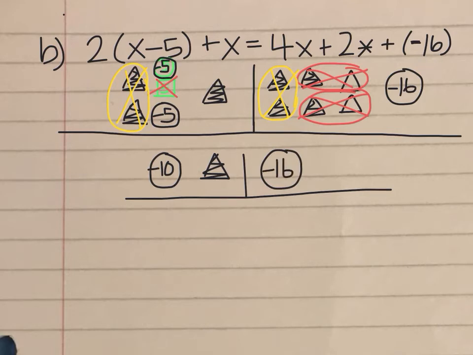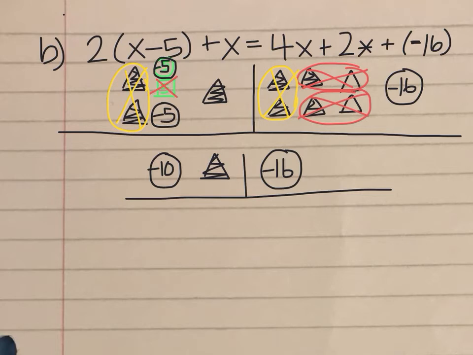This one is a little bit easier now because I've got negatives on this side and I've got negatives on this side, which means if I take some of the numbers off of the left, I can take some of the numbers off of the right because they're all negatives.